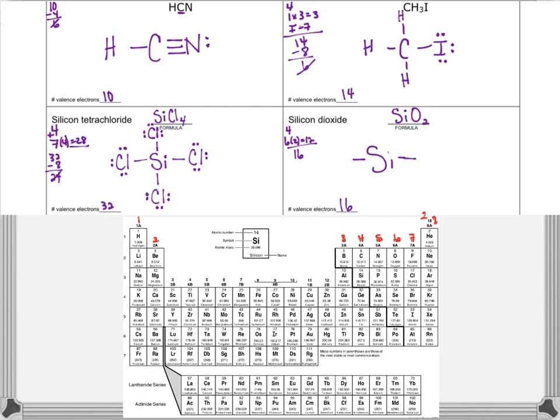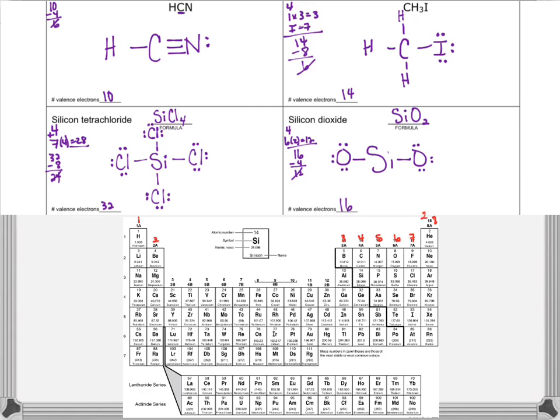I use single bonds to bond my oxygens. So here I've used 4 electrons already. I'm going to distribute those 12 between my outermost atoms, which would be oxygen. So each oxygen receives 6 valence electrons. Okay, so I used all 12.